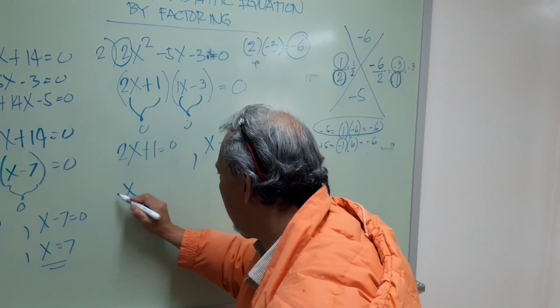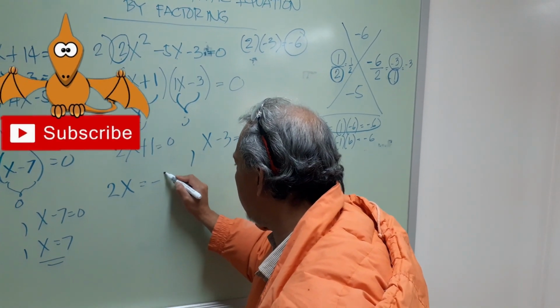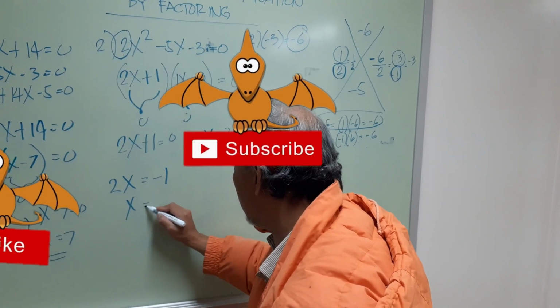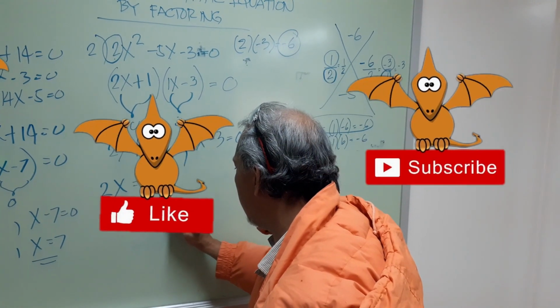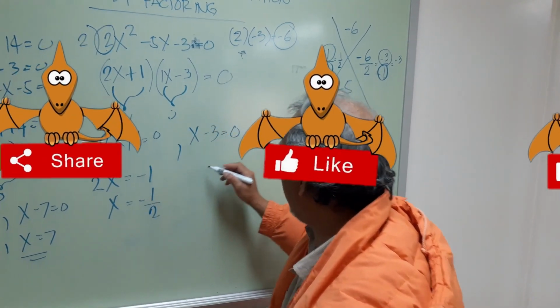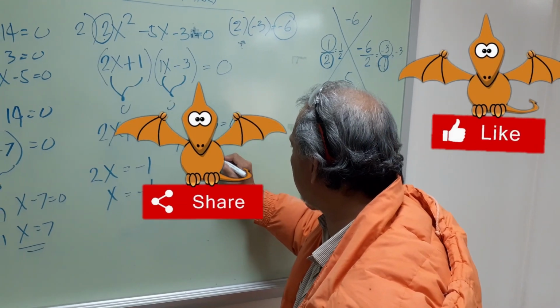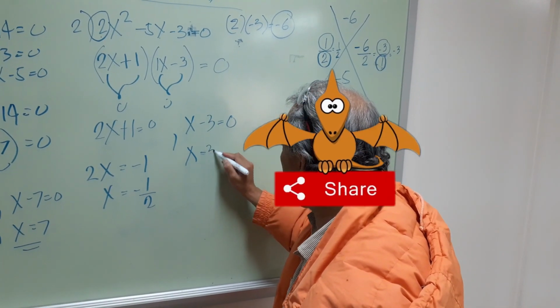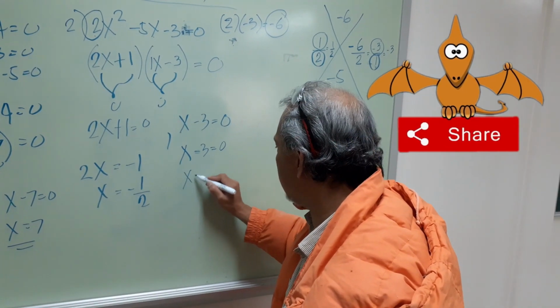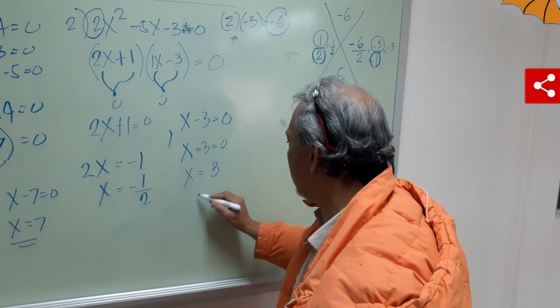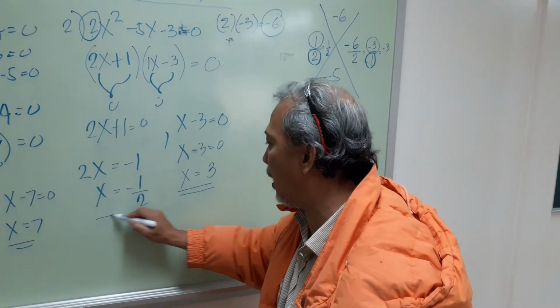So 2x is equal to negative 1 and x is equal to negative 1 half. And x minus 3 is equal to 0 and x is equal to positive 3. These are our values of x.